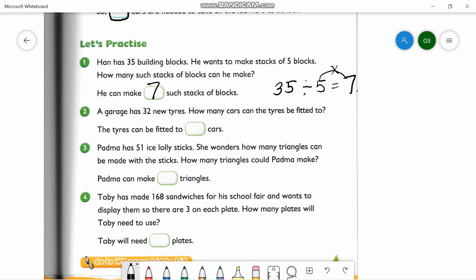Okay, so now let's go to number 2. A garage has 32 new tires. How many cars can the tires be fitted to? The tires can be fitted to how many cars? Okay, so you know that a car has how many tires? 4.